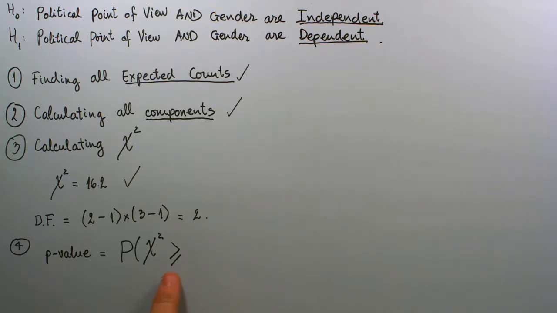So we want to be greater than or equal to the specific chi-square that we have already calculated. So 16.2 is here. That's the symbolic setup for our p-value calculation.